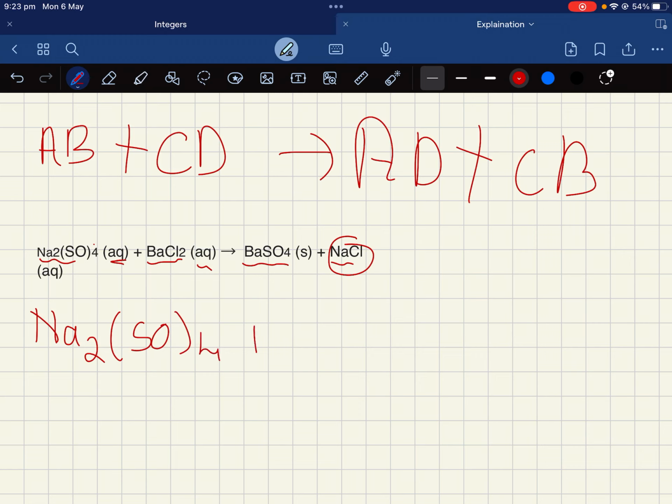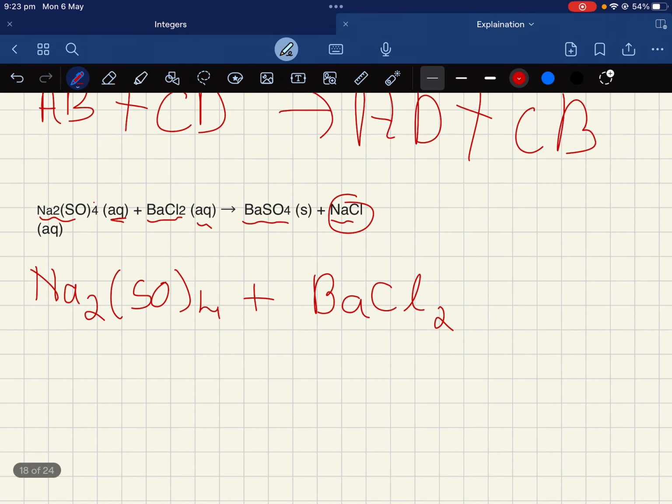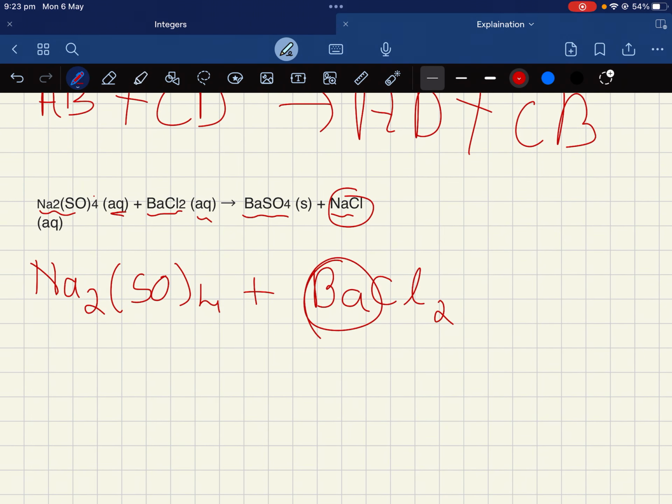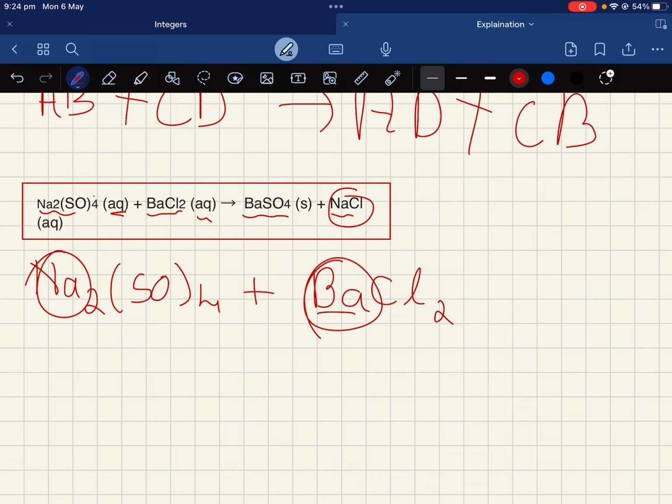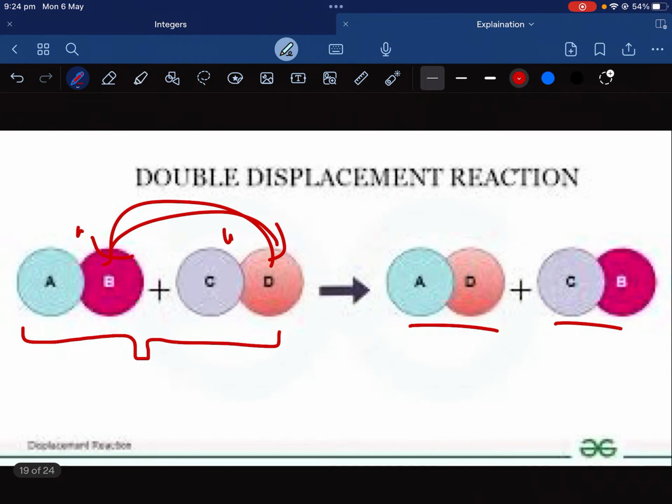Na2SO4 plus BaCl2. So what happens is Ba displaces Na2 and in turn Na2 displaces Ba. Now your job is to balance the chemical equation. If it is balanced, then please write that it is balanced, and if it is not, then your job is to balance it and write the answer in the comment section.